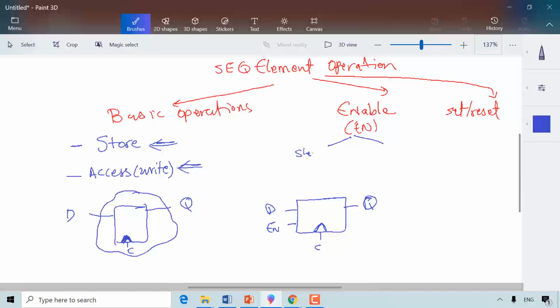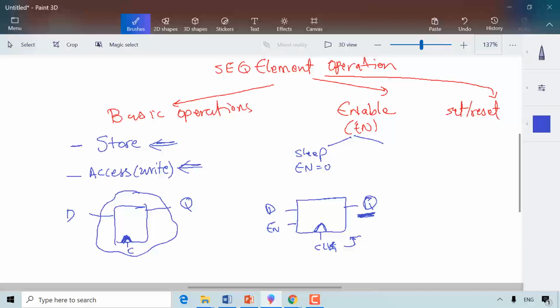When enable equals 0, the Q of the flip-flop does not change with the D even when the clock is triggering, going to the rising edge of this flip-flop.